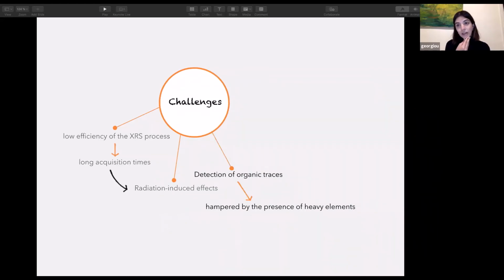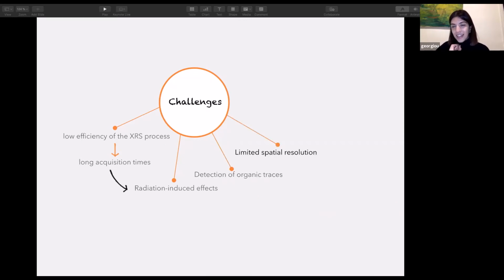Then, when we want to identify organic traces, if there are heavy elements in our sample, we may not be able to detect the XRS signal. Then there is the limitation of the spatial resolution for direct tomography, where we can achieve about 25 micrometers.